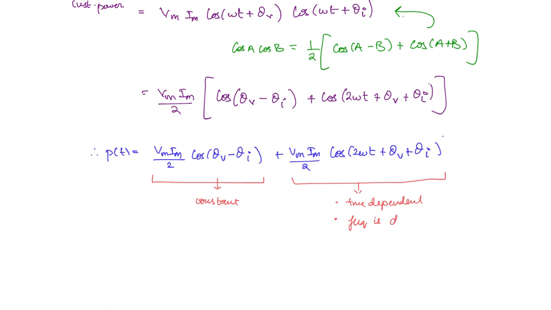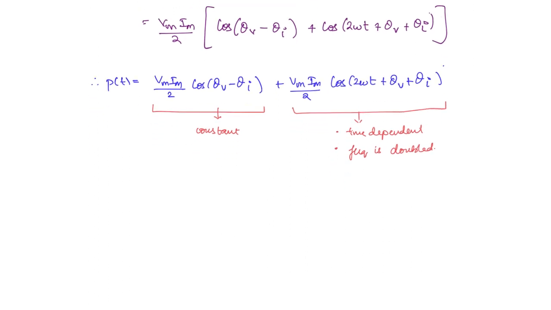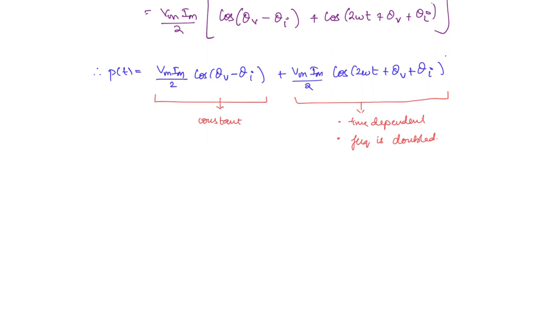Frequency is doubled. Okay, so how will this look like? If you draw the graph of p(t) with respect to t. Okay, so normally what will happen to a cosine function? It is going to be like this. Okay, so about this origin you will have the cosine wave.